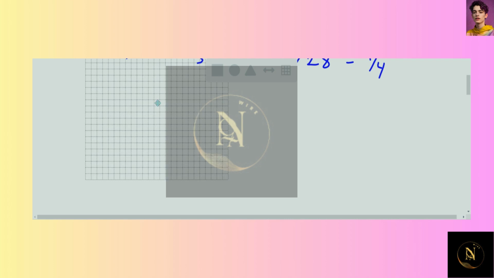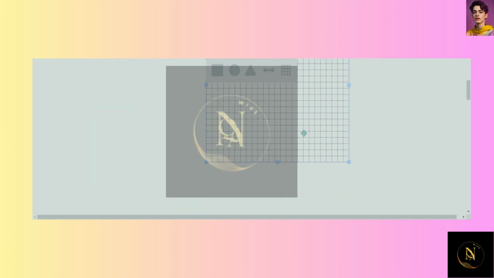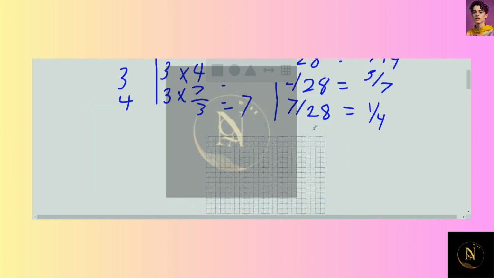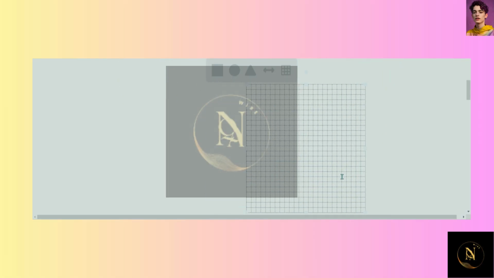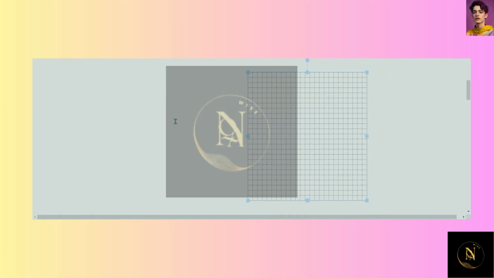And now we're going to real quick graph all of that. So for our graph, we'll go ahead and insert a grid. Make it a little bit smaller. And now for our graphing of all of that, as usual, we'll need our x values, which will be 1, 2, 3, and 4.